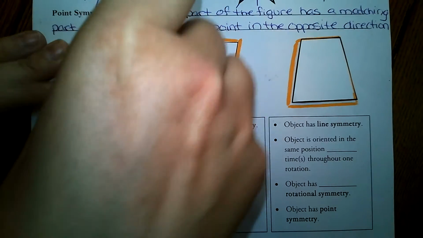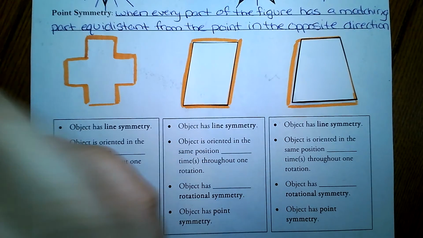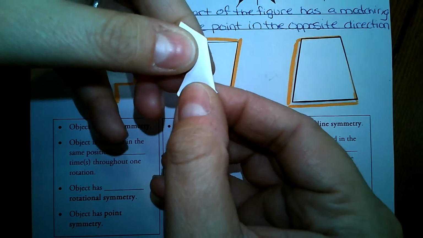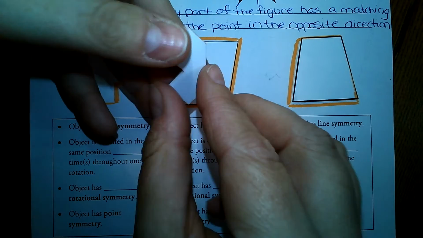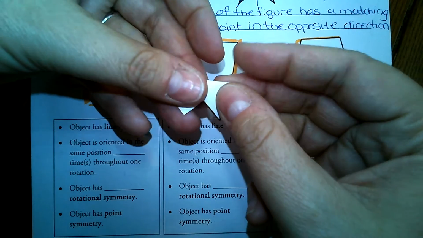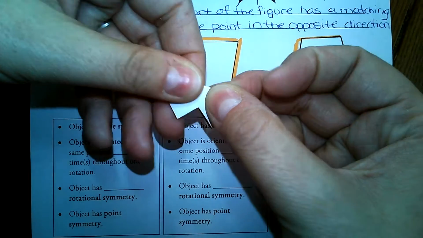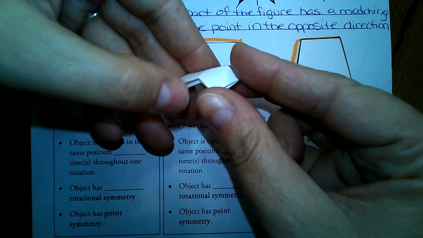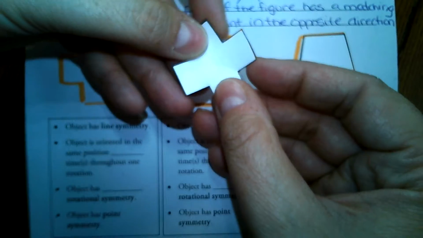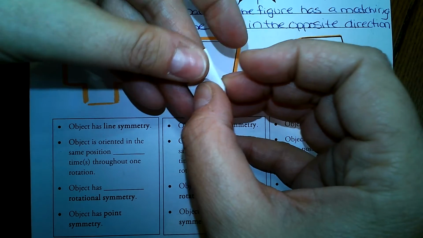For example, pick up my plus sign here. I could look at it as an X and fold it. There's 1 line of symmetry. I could use that X and fold it again this direction. That's 2 lines of symmetry. I could look at it as a plus sign instead and fold it horizontally and vertically.